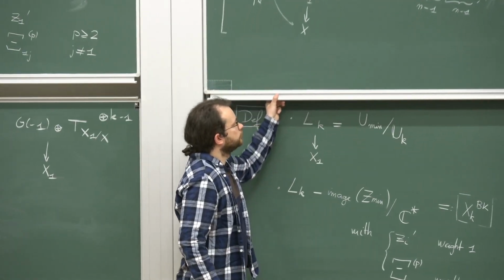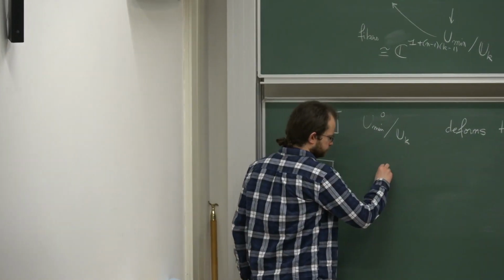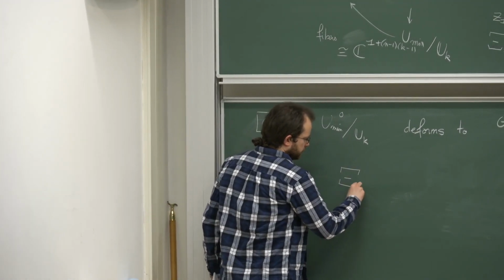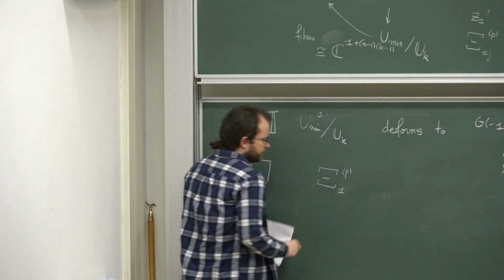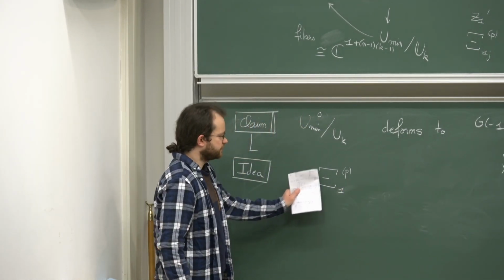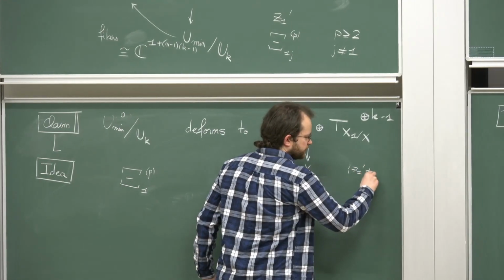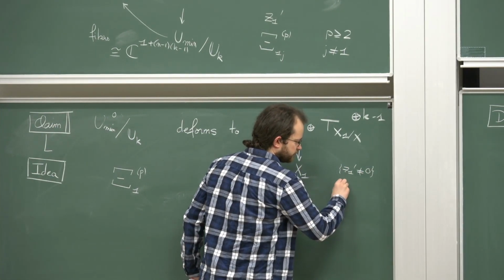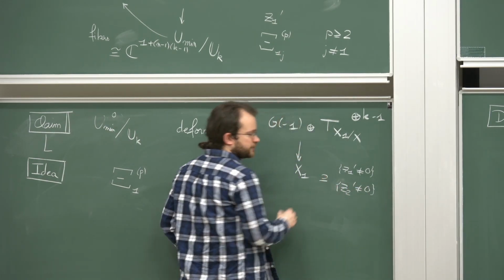And so, to see this, what you have to do is the following thing. Imagine that you want to change coordinates between the chart Z1 prime different from 0 and Z2 prime different from 0 lying in X1.